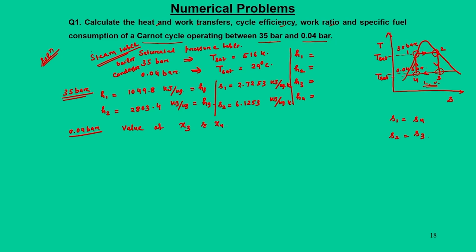To get X3, we can use the relation S3, which is at point 3, is nothing but S3f plus X3 into S3fg, and this S3 is nothing but S2, which you already have. S3f at 0.04 bar is 0.4226 kilojoule per kg Kelvin, and S3g can also be found for this point, and this value is 8.4746 kilojoule per kg Kelvin.